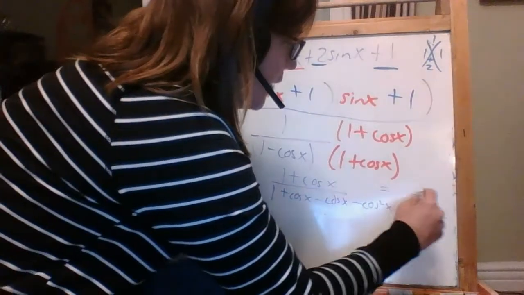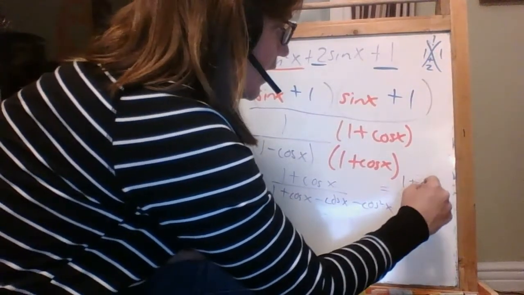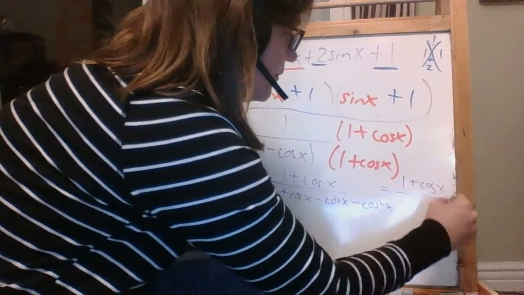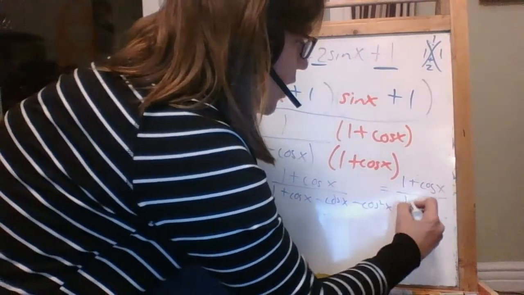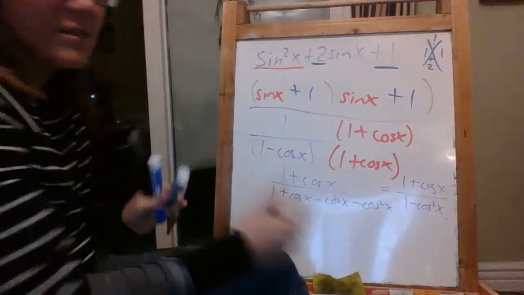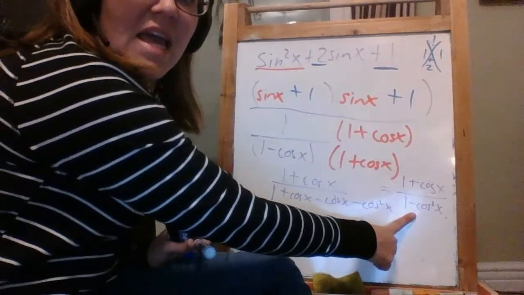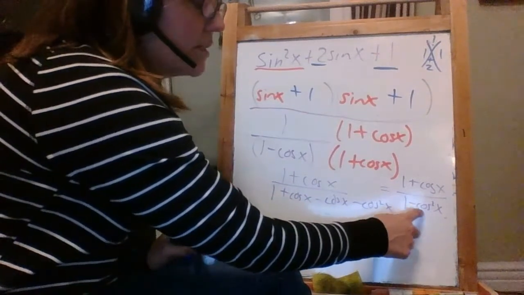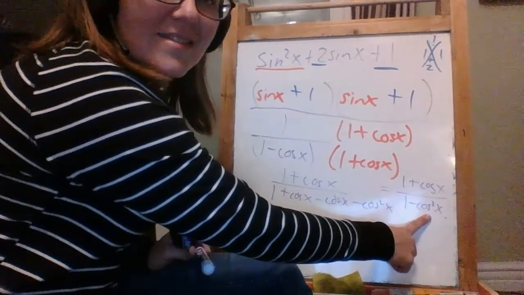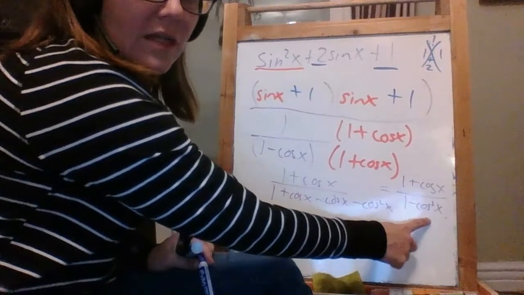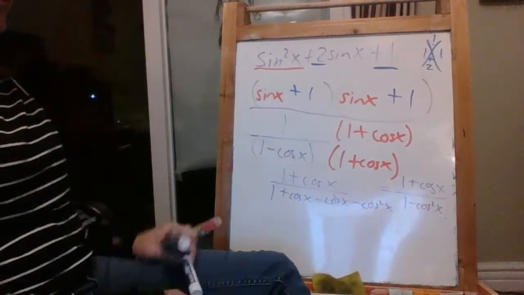So in the denominator, we end up with 1 minus cosine squared x. The beauty of this is that 1 minus cosine squared x is also sine squared x. That's kind of the whole point of doing that.